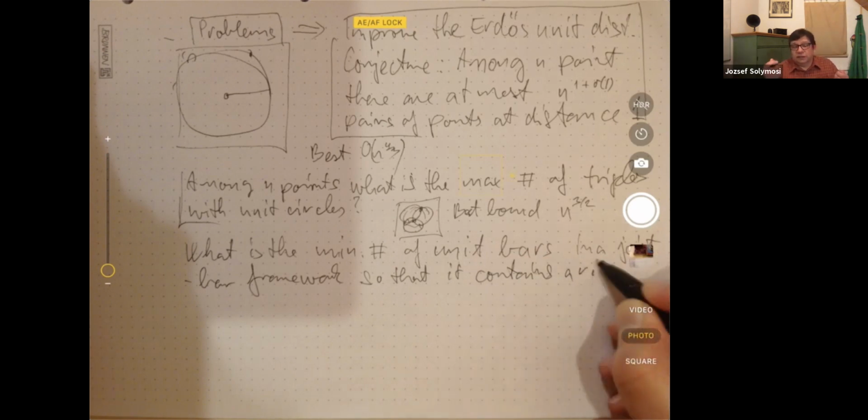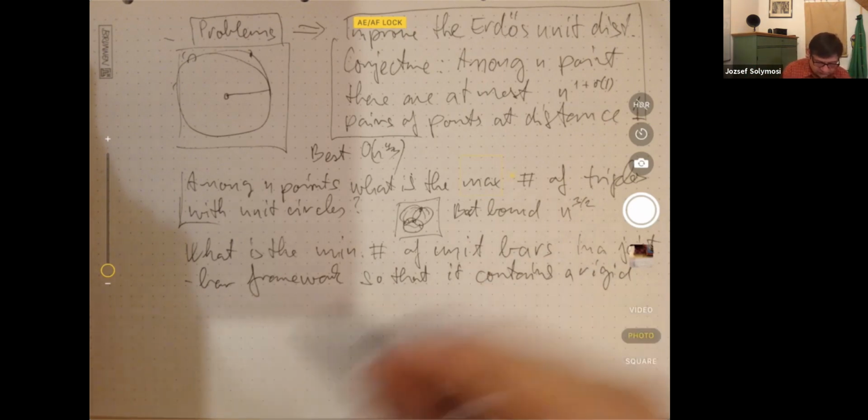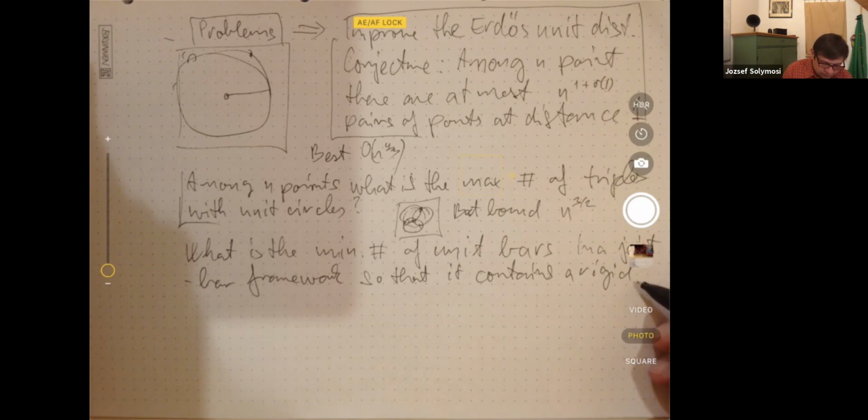So at least a triangle. Well, triangle you can't really guarantee by less than n squared.